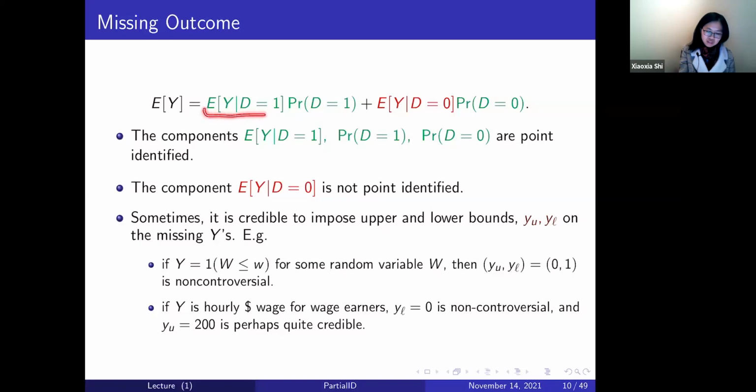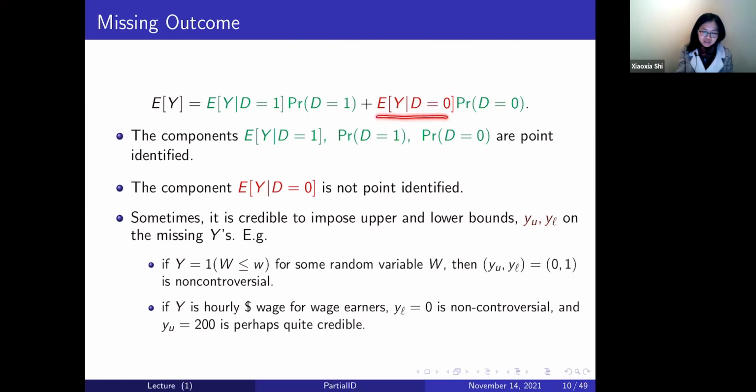The E[Y given D equals 1], the expectation of Y for people whose Y value is not missing, is point identified because we do have the population with D equals 1. The probability of observing Y is also point identified. The probability of not observing Y is also point identified. But the conditional expectation of Y for those whose Y value is not observed is not point identified from this kind of data. So that part is completely not identified.